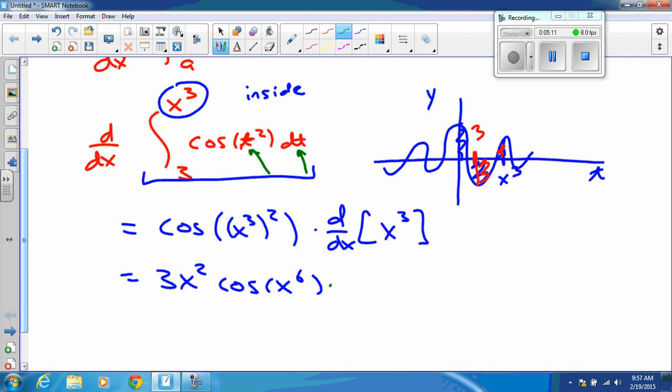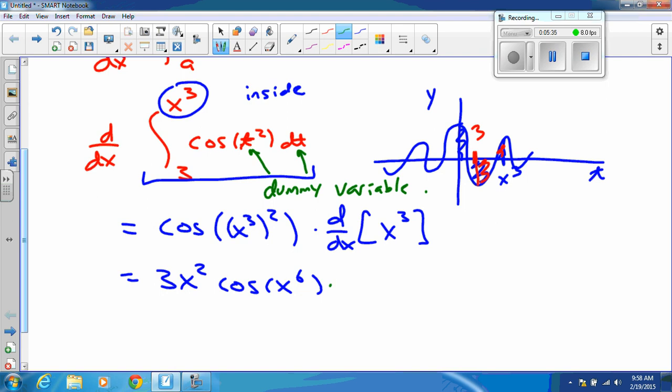And so for that reason, this inside variable often goes by the name of a dummy variable, because its identity does not really matter. It's just sitting there like a ventriloquist dummy. So that's a fantastic question.